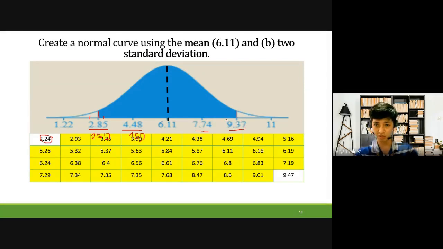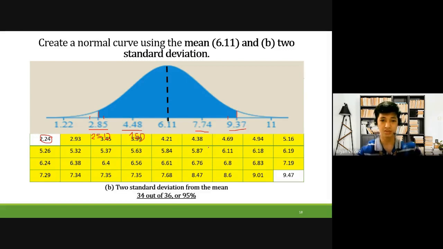So, 9.01 is somewhere here. So, included siya sa shaded area natin. While 9.47 is not included. Why? Because it's beyond 9.37. So, ayun. Two standard deviation from the mean is 34 out of 36 or 95%. Okay, so 34 divided by 36 times 100, that will give you 95%.